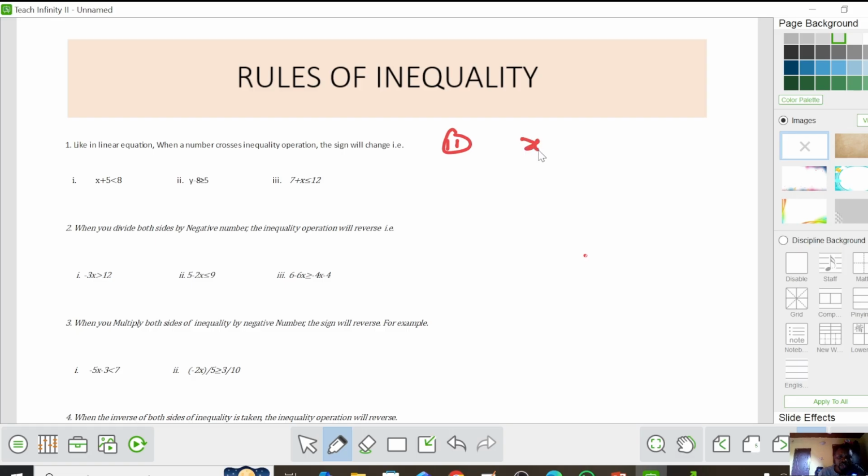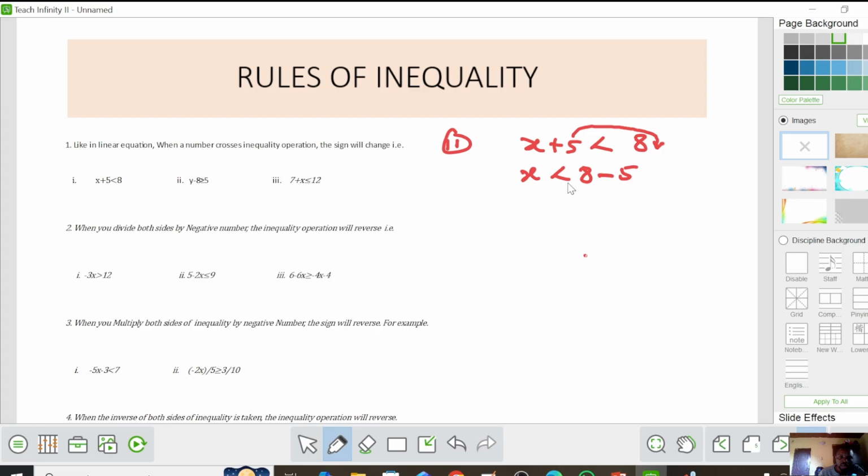For example, if I have x plus 5 less than 8, the plus 5 must cross to the other side. The plus sign here will turn to what? The negative sign.